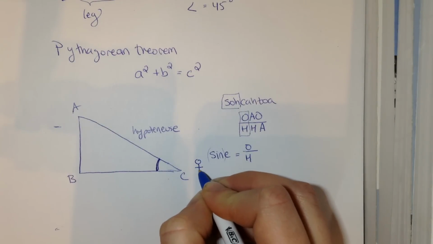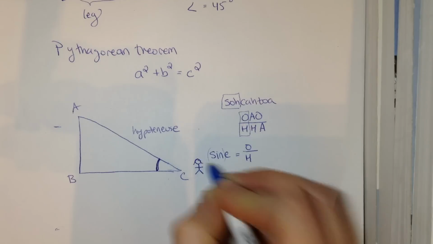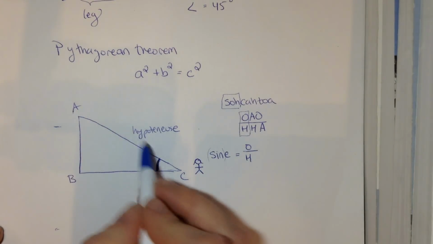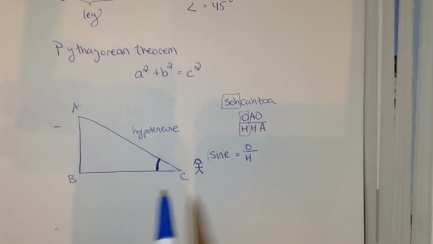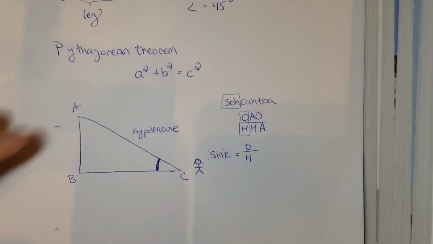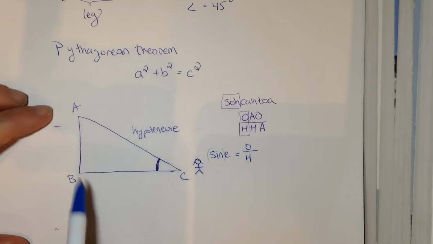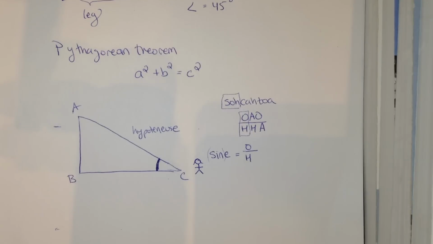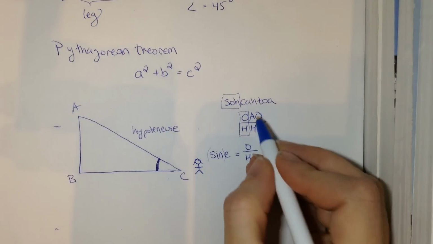Here we've got a person standing right where this angle is. Is my opposite AB or BC? It's AB. Think of a person looking at a wall: it's the wall directly opposite to you. So opposite over hypotenuse would be the length of AB over AC.